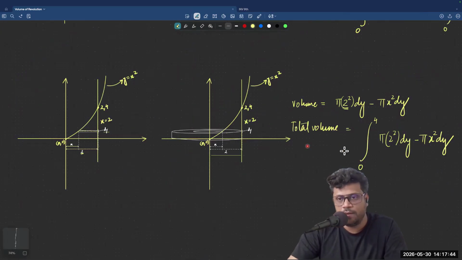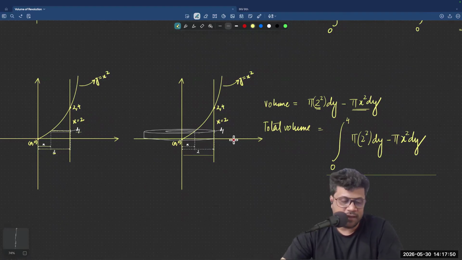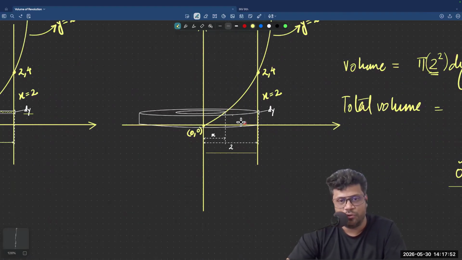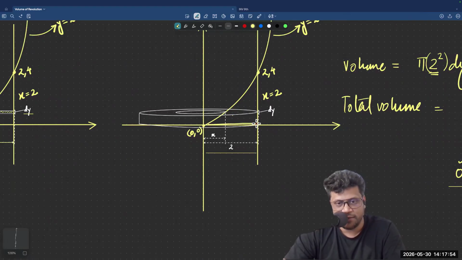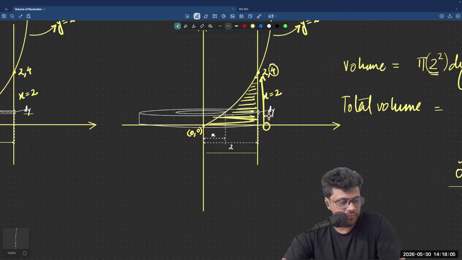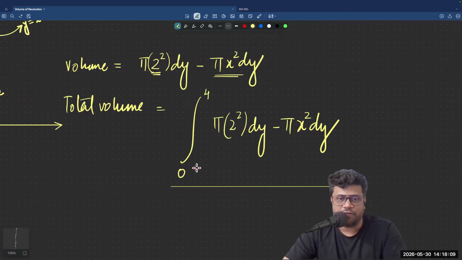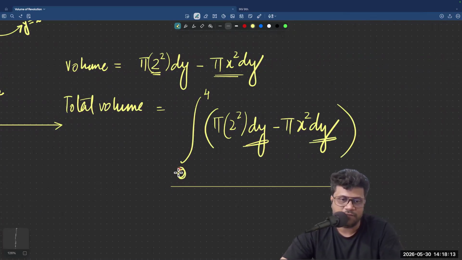And now you do pi x square dy, and you end up with that as the formula. Remember, this time the strips start from here and reach up there. So the y coordinate goes from 0 to 4. That is why we put the limits 0 to 4 on dy on this function.